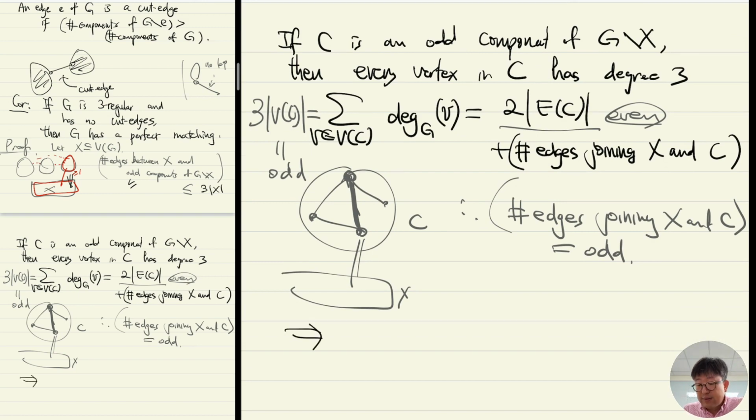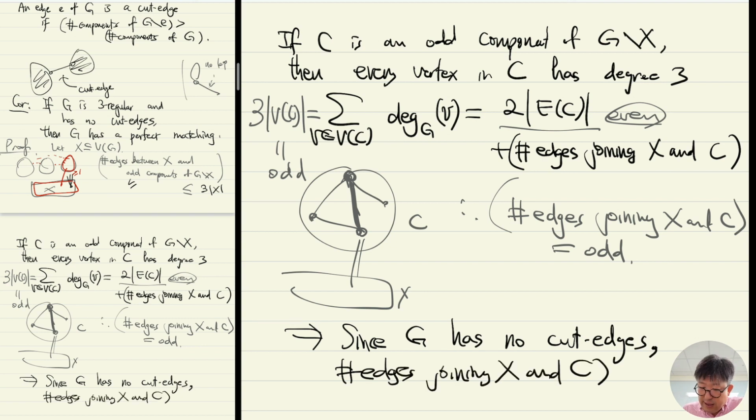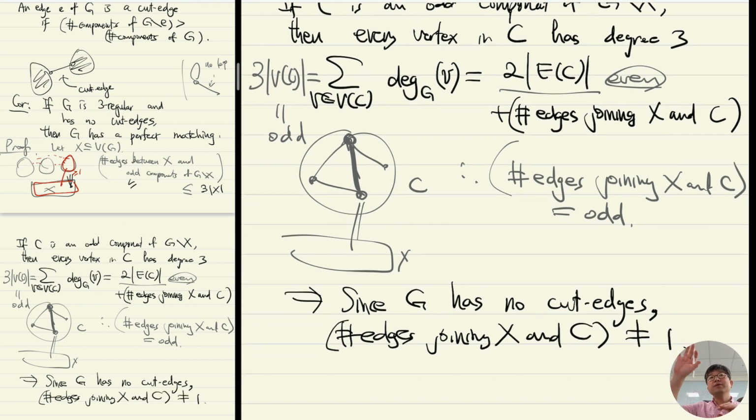And since G has no cut edges, the number of edges joining X and C cannot be 1. Because if you have a component which has exactly 1 edge joining X and C, then this will be a cut edge. When you delete it, the number of components will increase.